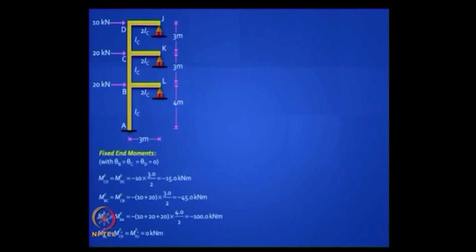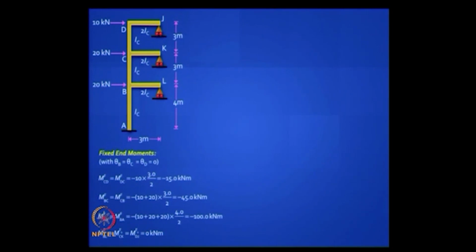Can you tell me what the fixed end moments will be? There we have done, you see the calculation here. The fixed end moment in the beams are all 0, okay, because there is no loading in the beam, so the beams are all 0. You take AB, or let us start at the top, take DC. Now the story shear is 10 kilonewton, right. So if you take this column and you fix it at the bottom and you fix it at the top, because theta B and theta C and theta D are arrested, and you allow a relative movement, right.